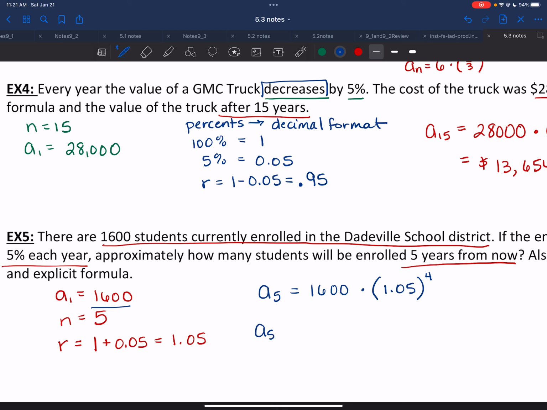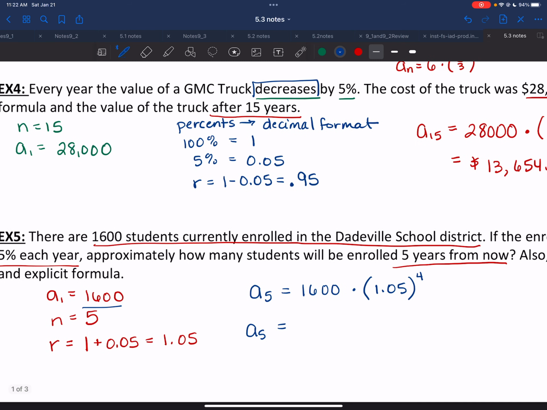So when I put in my calculator 1.05 caret 4, enter, and then times 1600, I get the value of 1,944.81.